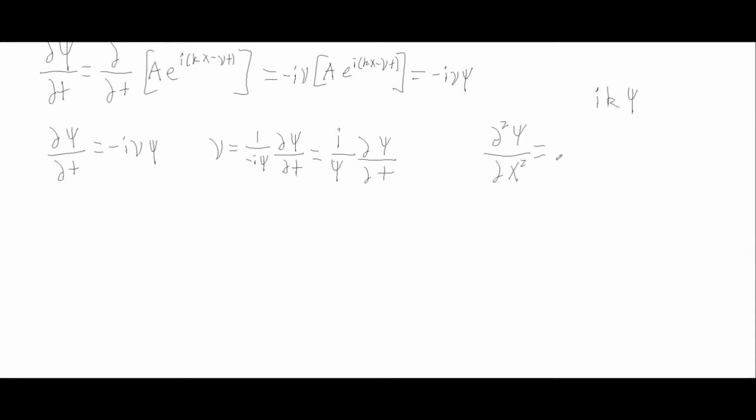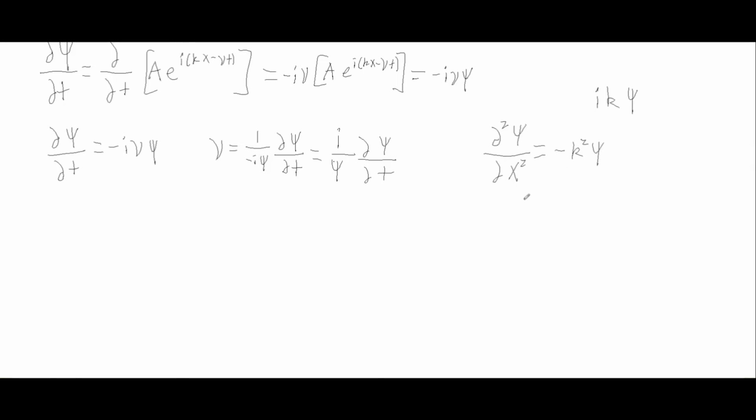And if you take the second derivative, you are just multiplying this by another i k. So you end up with minus k squared psi, because i times i is minus 1, and k times k is just k squared. So we end up with minus k squared multiplied by psi.